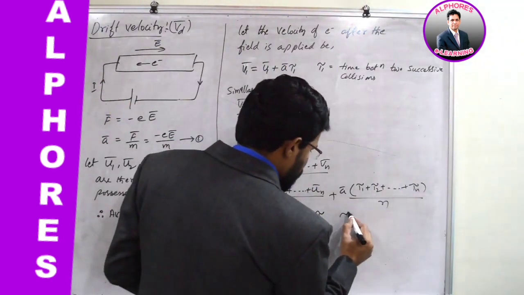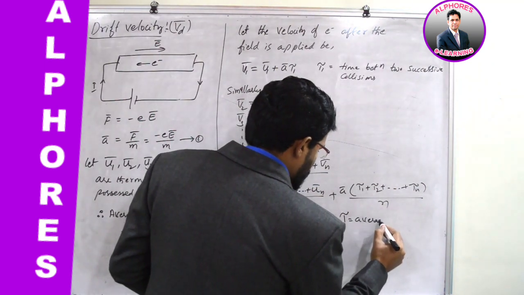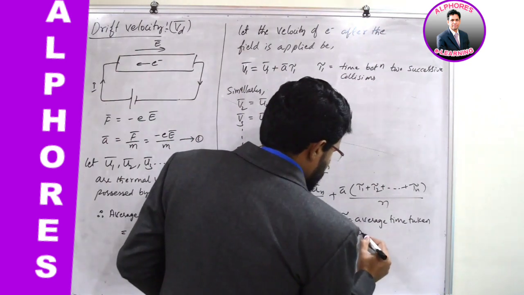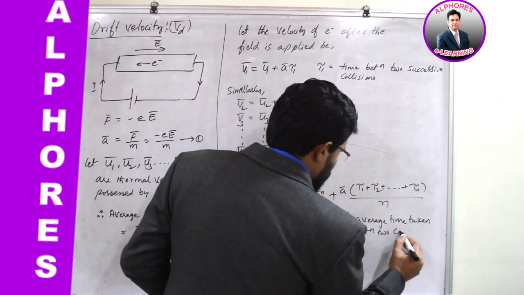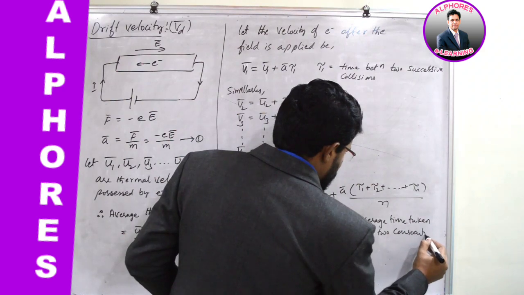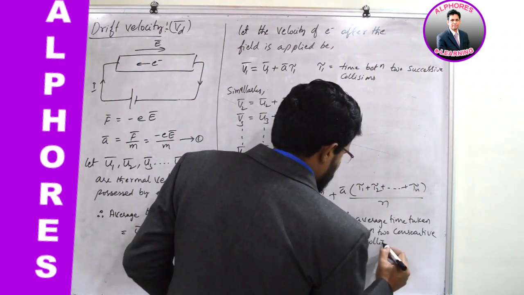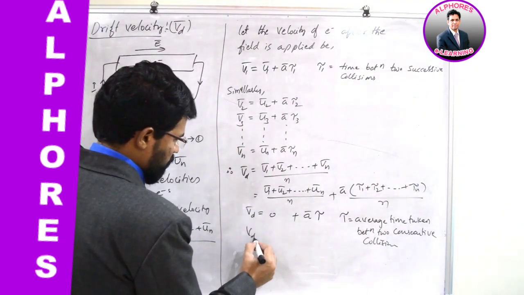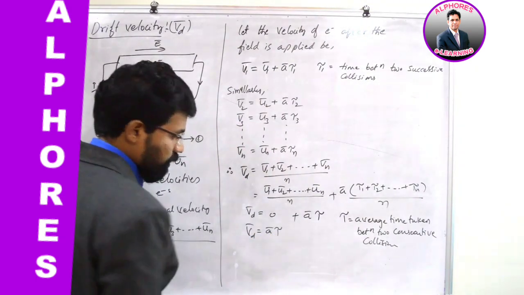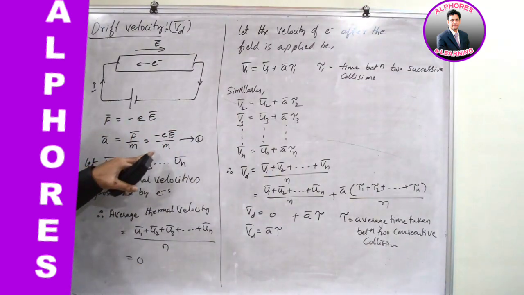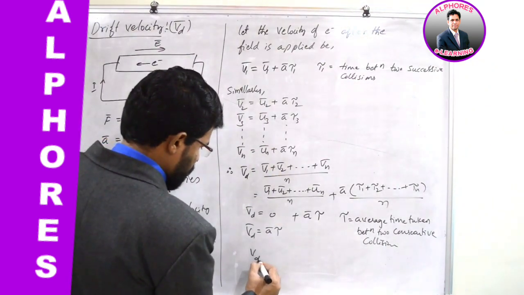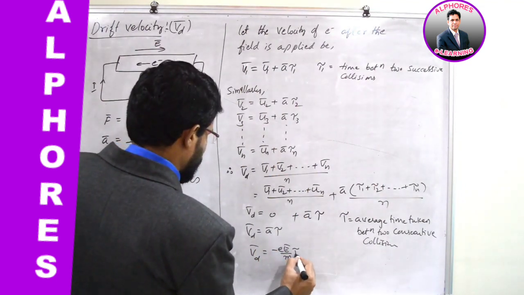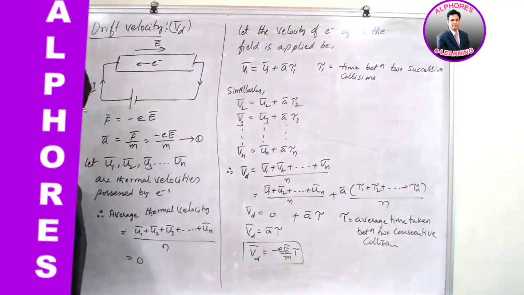So you can call this tau the average time taken between two consecutive collisions. So finally, Vd bar comes out to be a bar into tau, and a bar value is there already. We have derived this. Replace it here. So what you will get: Vd bar is equal to minus E bar by m into tau.